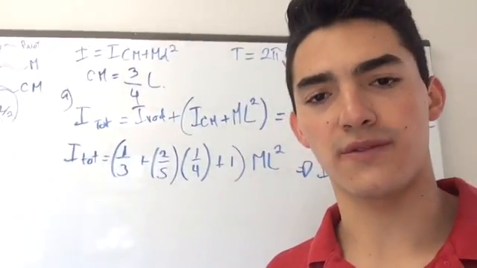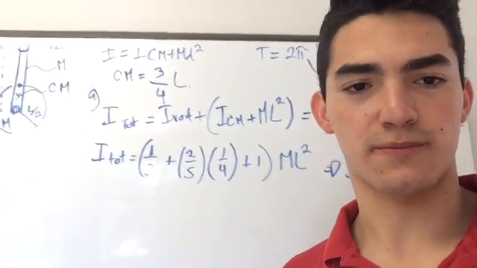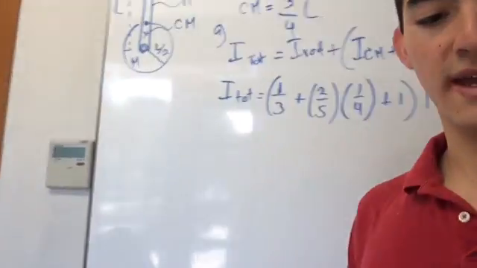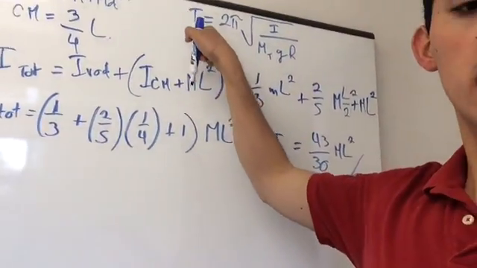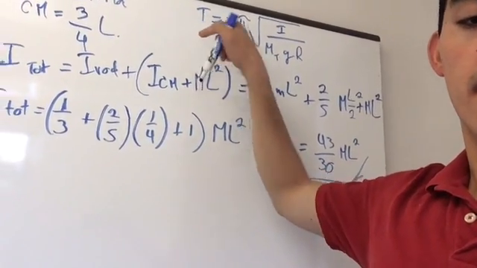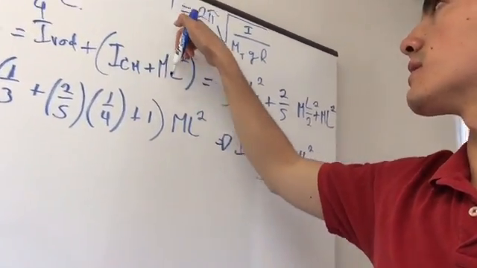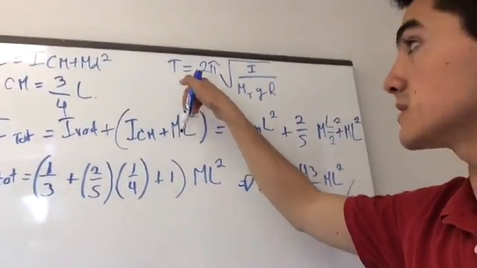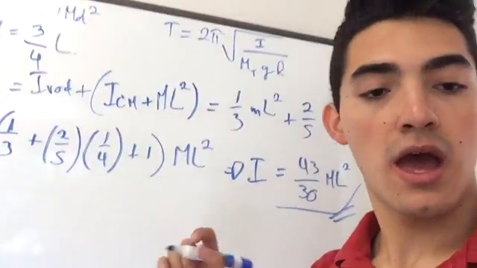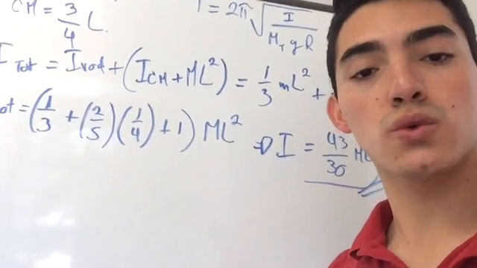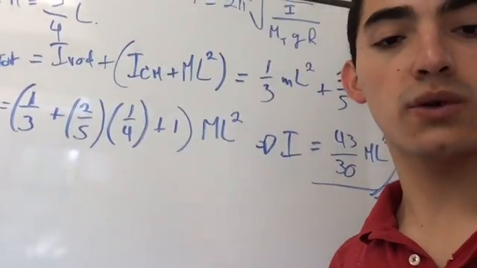Once we know this, we can go to step 2, which says: what is the period of the pendulum for small oscillations? Here we can use our formula for physical pendulums. We have to obtain the period.